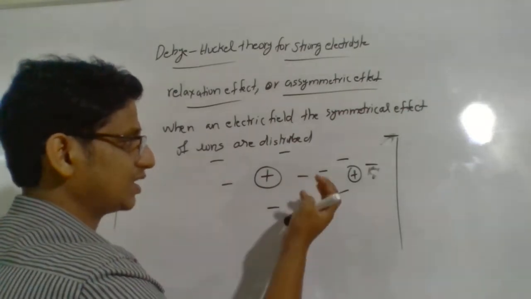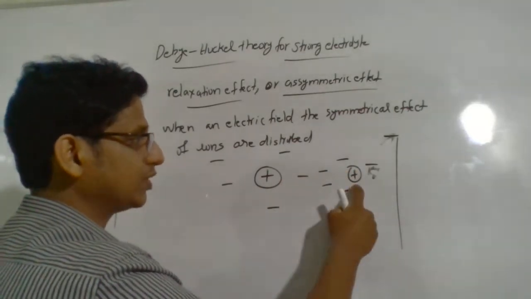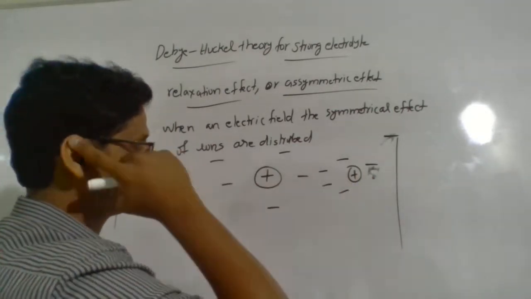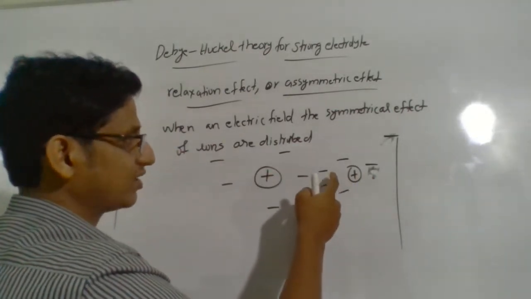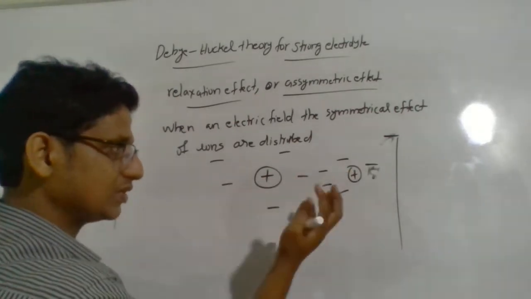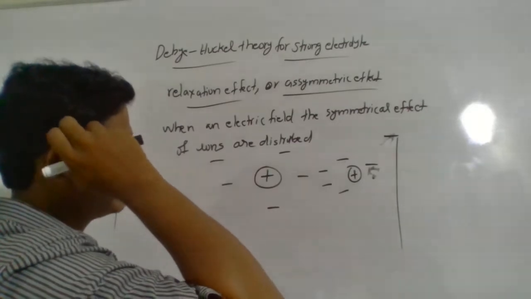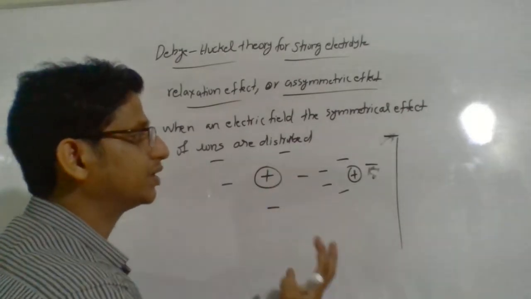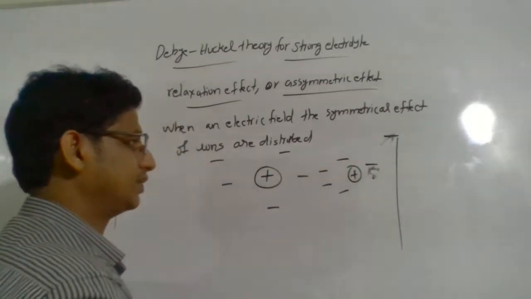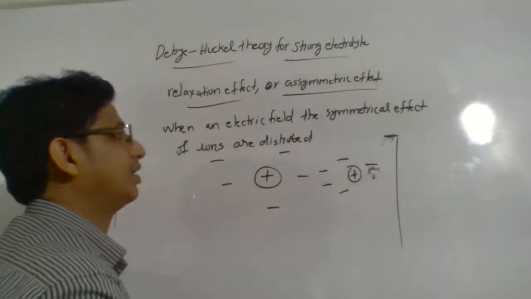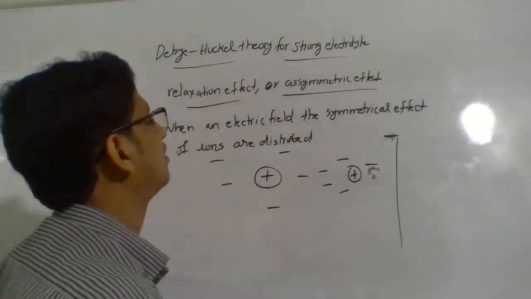Oppositely charged ions always drag the movement of the other ion, since this time negative ions are more on the back side. This retards the movement of the oppositely charged ion. That we call the asymmetric effect or relaxation effect.